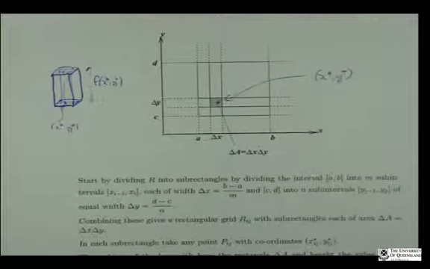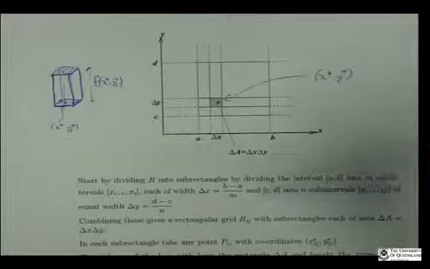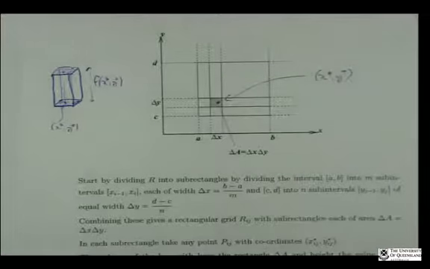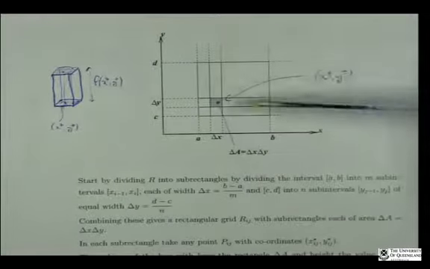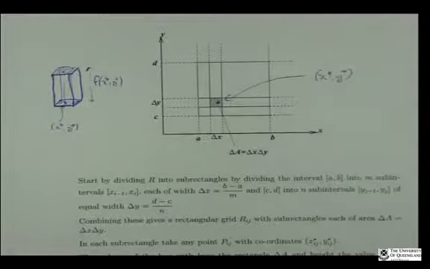Very similar to this picture I've got on the previous page, where the curve y equals f of x has some curvature here. It doesn't quite match up with the top of this rectangle, so hence the area of that rectangle is just an approximation. So in exactly the same way, but now in 3 dimensions, the volume of the box approximates the volume below the surface. That's just above 1 grid square.